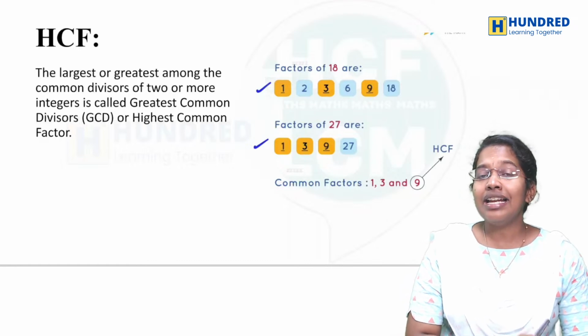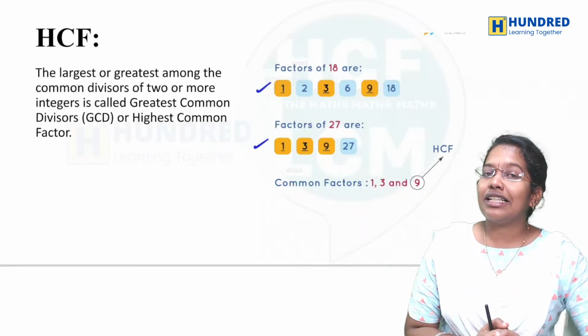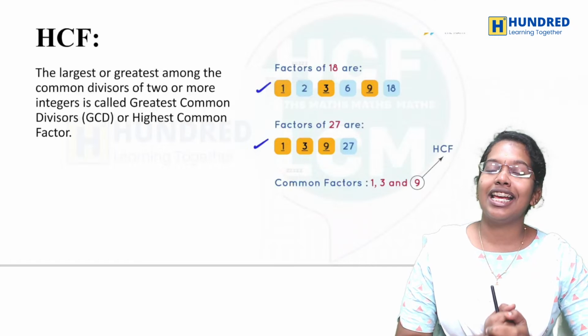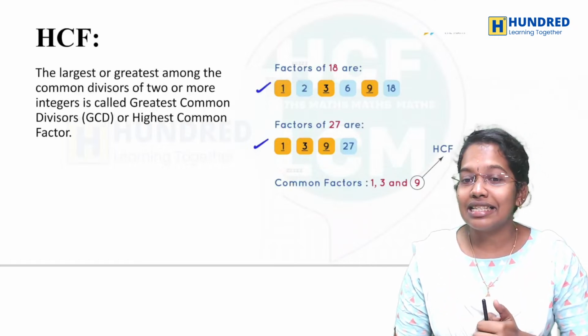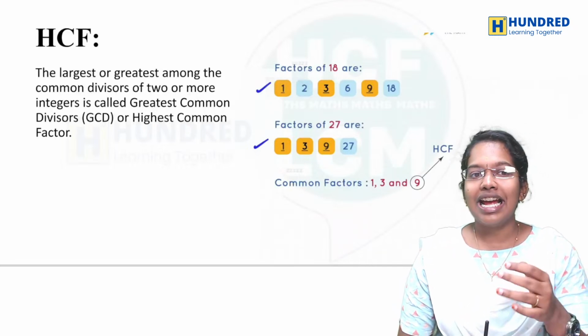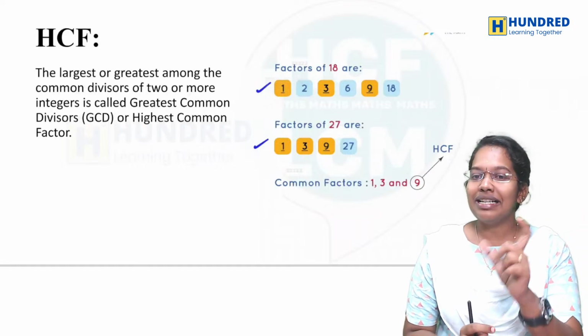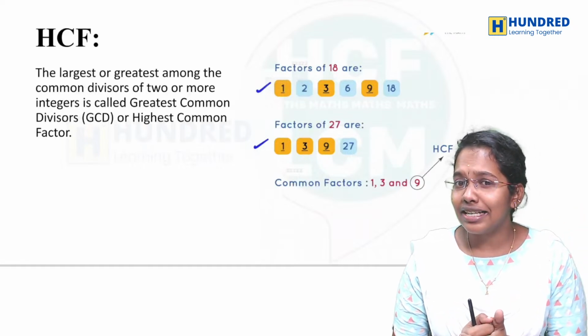The greatest among the common factors is called the highest common factor. And what is the other name for HCF? It is the greatest common divisor, right? Why is it called a divisor?